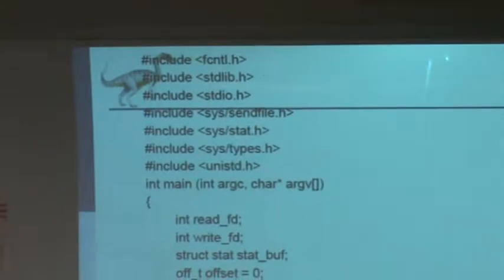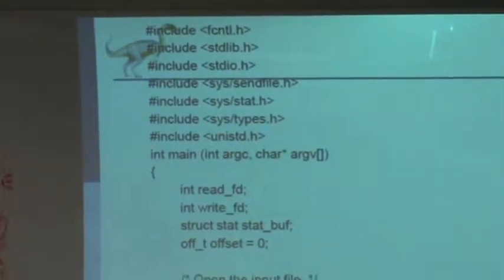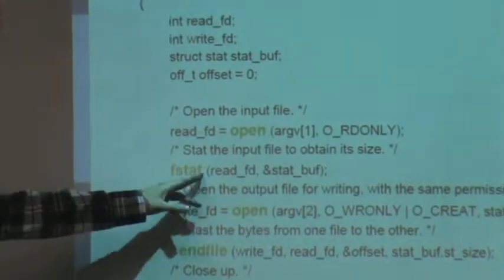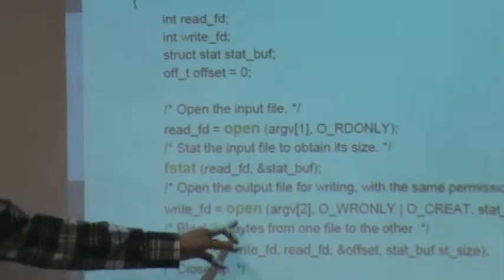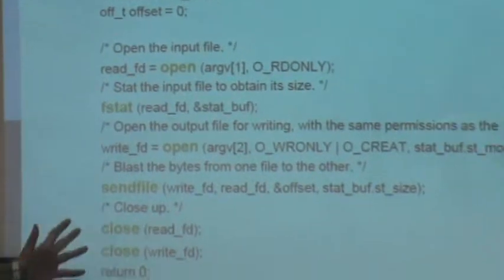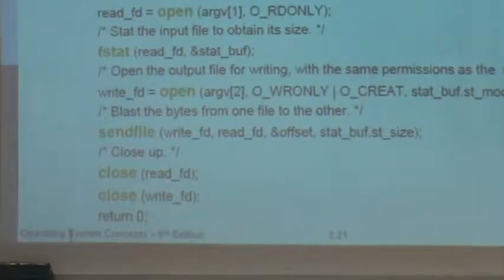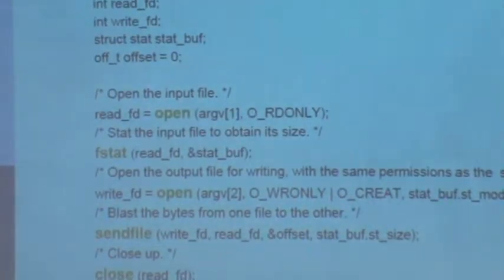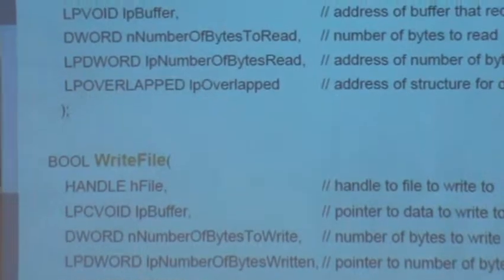So this is an example of C code to copy the file. You can use open, that is the API, and file status, and open, read the file, and close. So these are system calls. Instead of using this, you would like to use the API provided by your programming language.